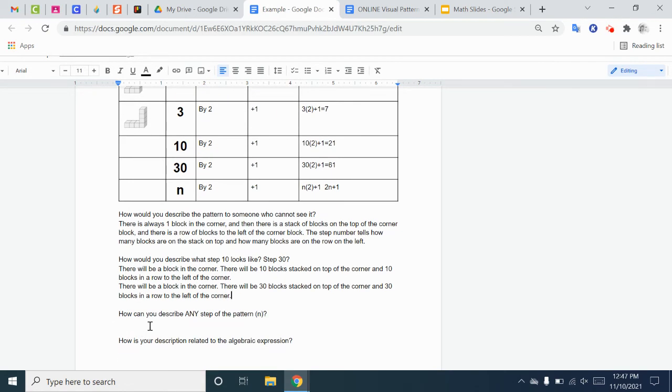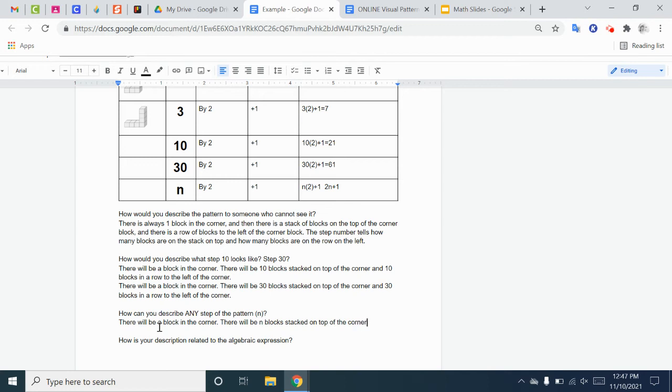Now it says, how can you describe any pattern? Again, there will still be a block in the corner because that is my constant that never changes. But now there will be n blocks stacked on top of the corner.